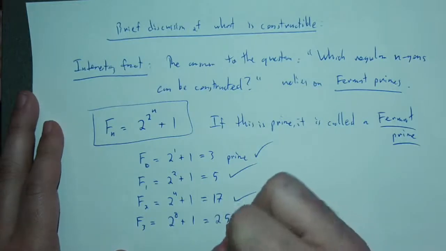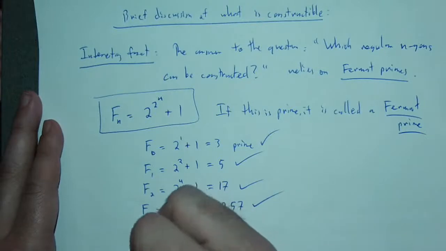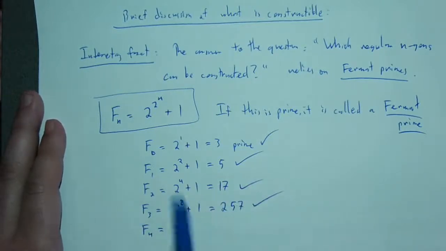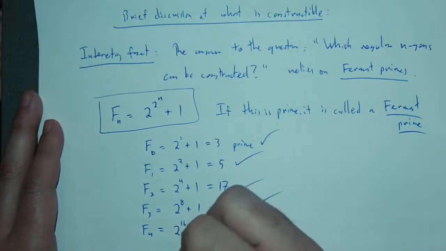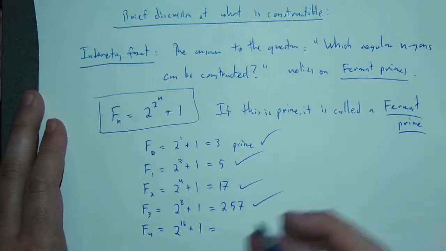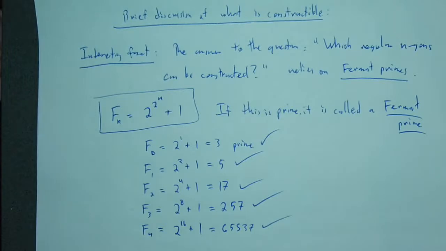It turns out 257 is also prime. And F sub 4 is 2 to the 16 plus 1, which is 65,536 plus 1, so 65,537, which it turns out is also prime.